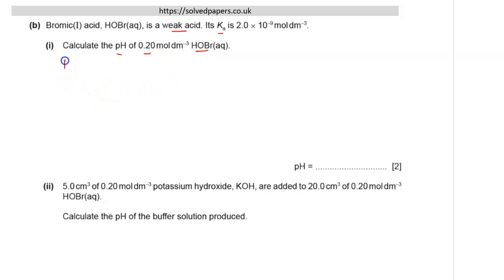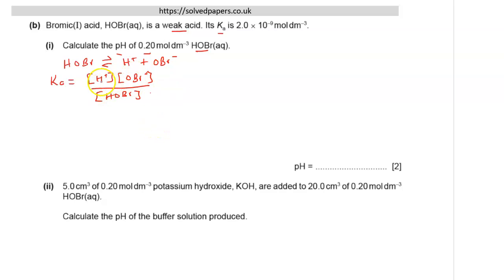Of course, bromic 1 acid, since it's a weak acid, it will dissociate reversibly to give us hydrogen ions plus OBr ion. The acid dissociation constant in this case will be the concentration of hydrogen ion times the concentration of OBr ion divided by the concentration of bromic 1 acid right there.